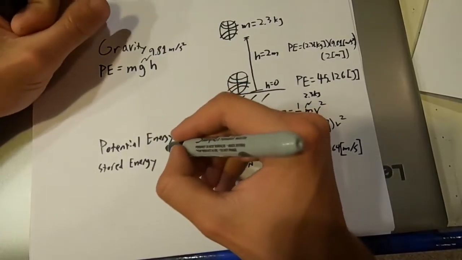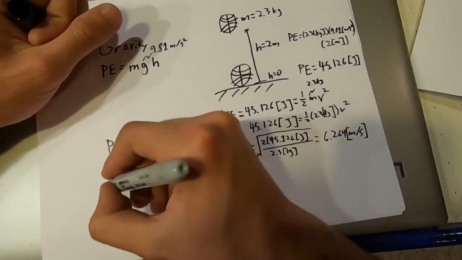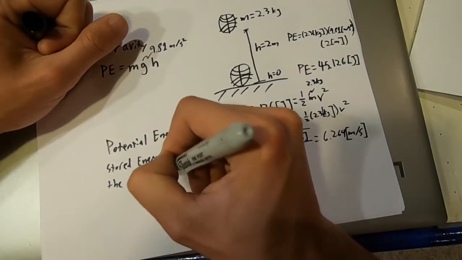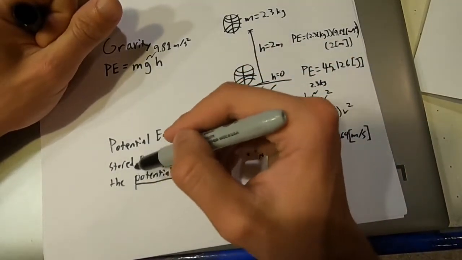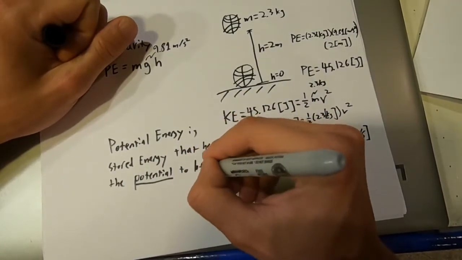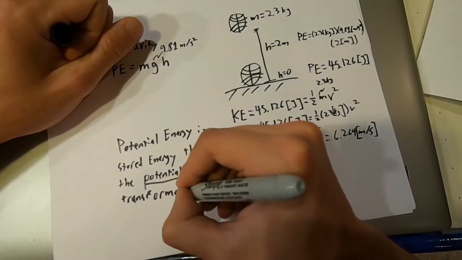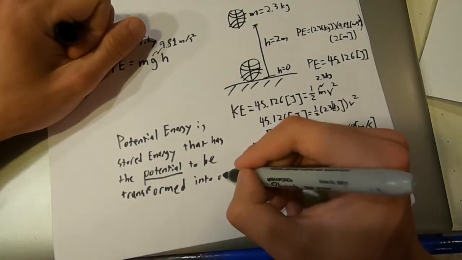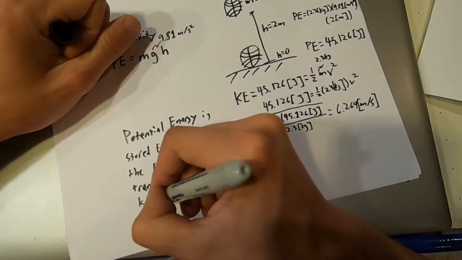So it's stored energy that has the potential, engineers and physicists aren't the most creative individuals, so it has the potential to be transformed into another kind of energy.